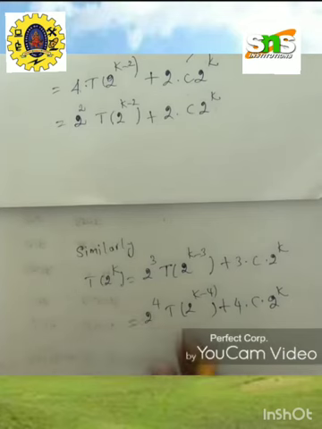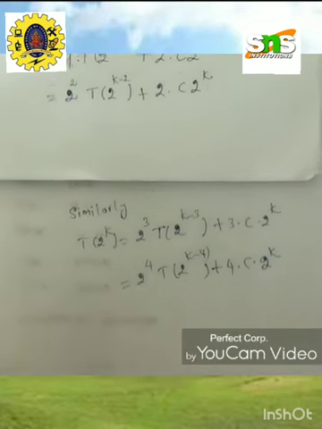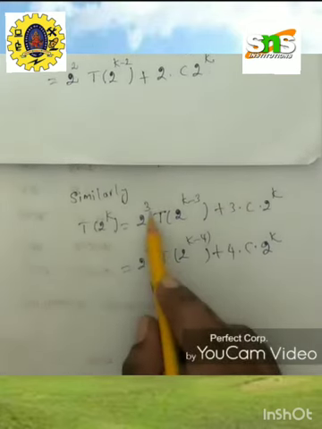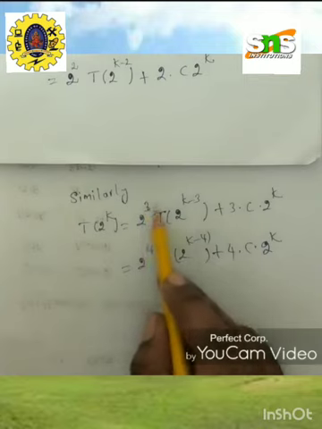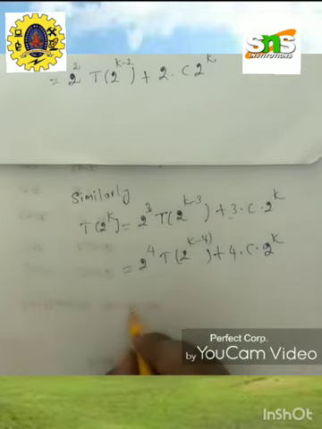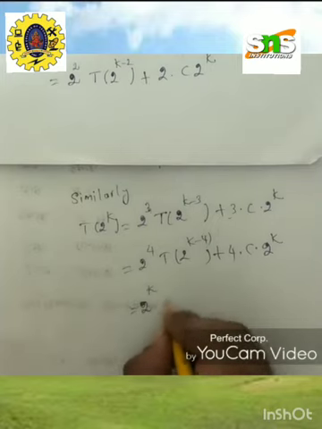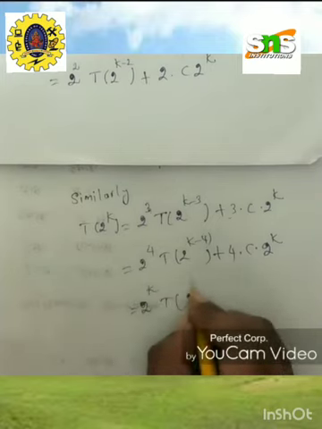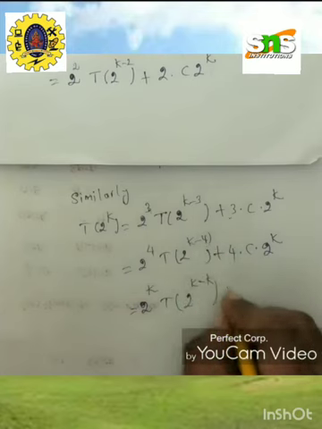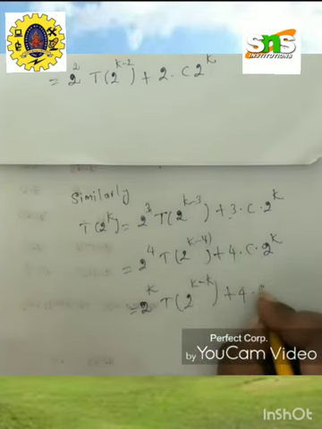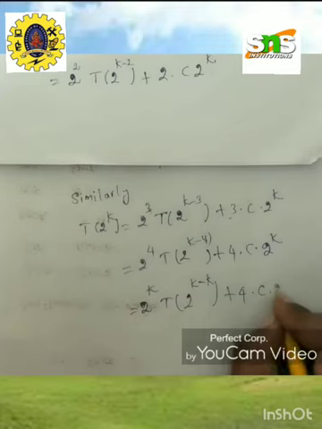So for this you are going to form a general formula. Here this will be repeated: the value 3, 3, 3. So instead, I take it as a common variable k: 2 power k T of 2 power k minus k, plus k dot c dot 2 power k.